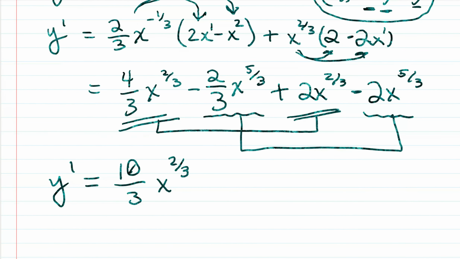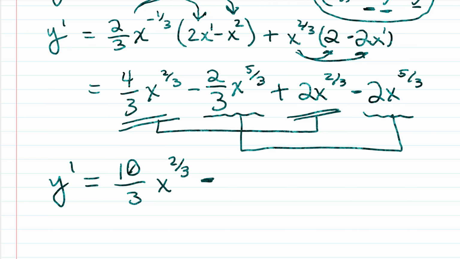X to the, and now I'm going to combine the other like terms. What were they? Negative 2/3 x to the 5/3 and negative 2x to the 5/3. So I'm combining the negative 2/3 and negative 2. When I add those together, I get a negative, and 2 written as a fraction can be 6/3.